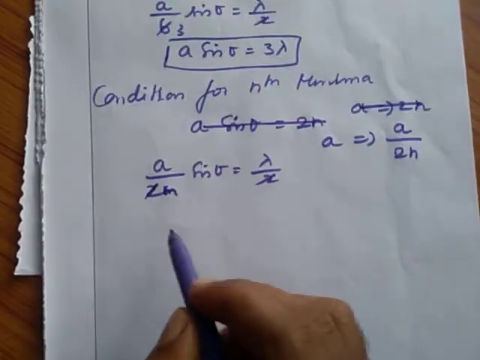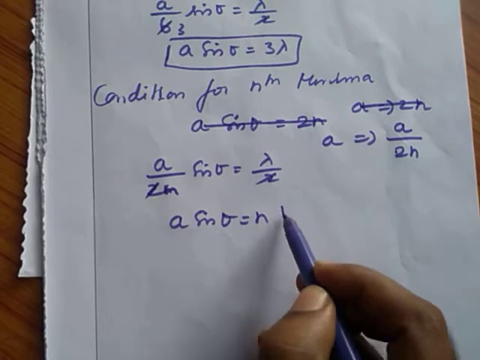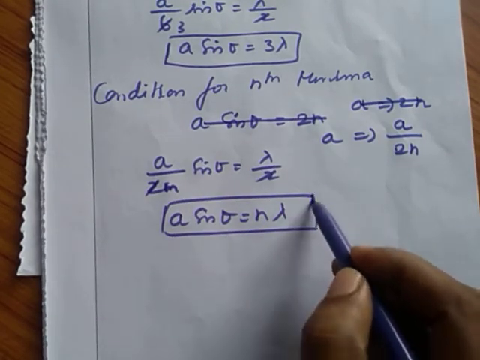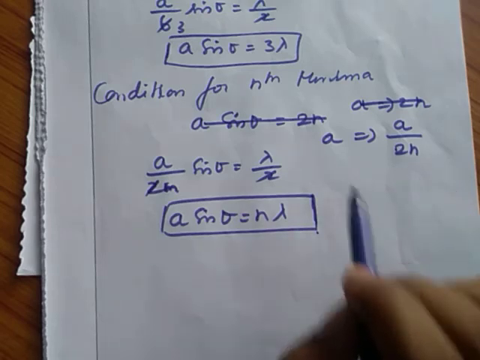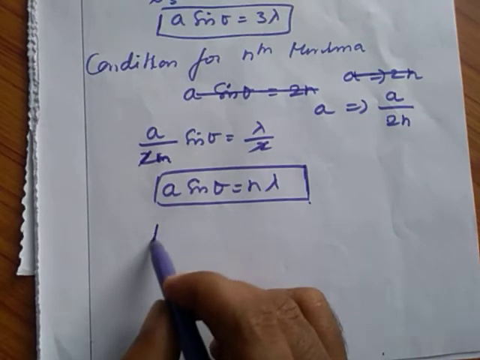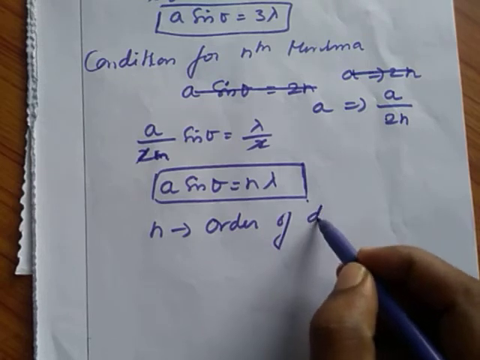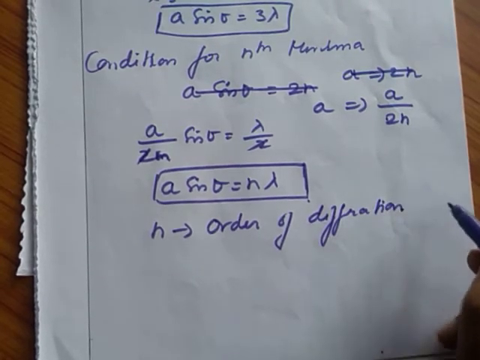The 2 cancels, then we get a sin theta is equal to n lambda. This is the general equation for the condition for the nth minima. Here n is the order of diffraction minima.